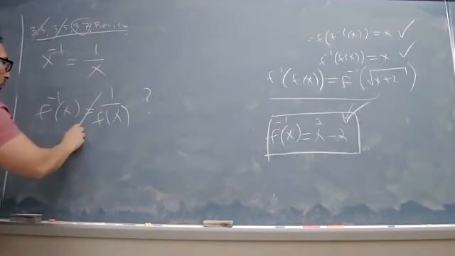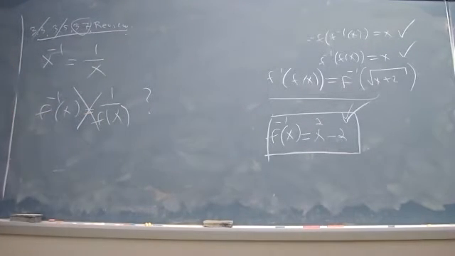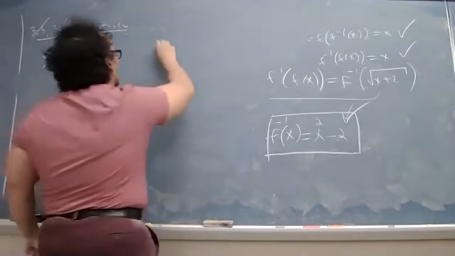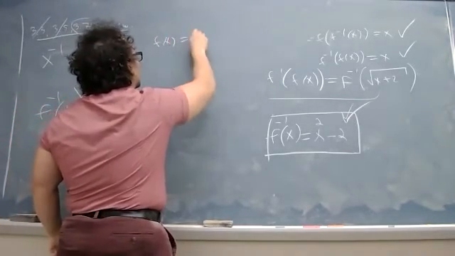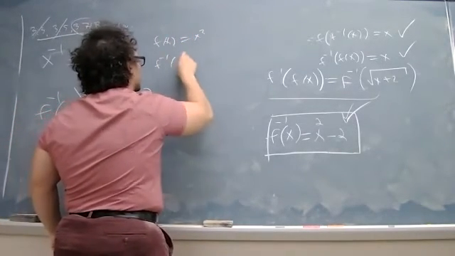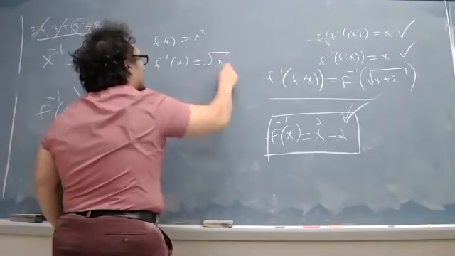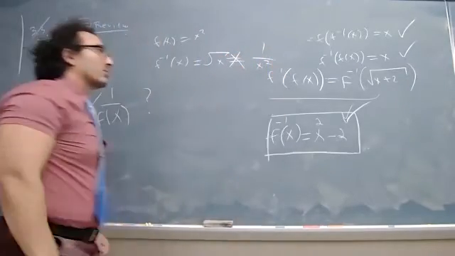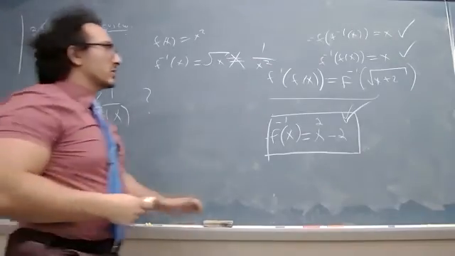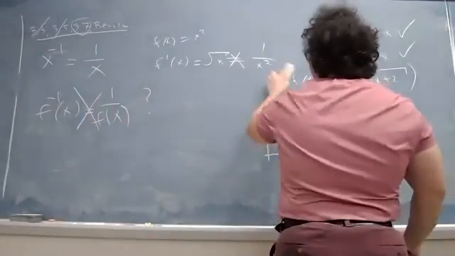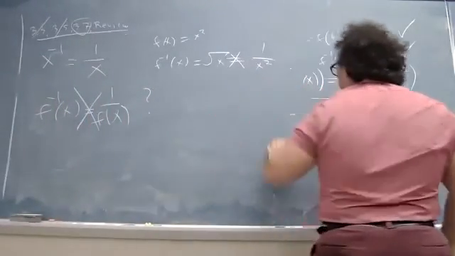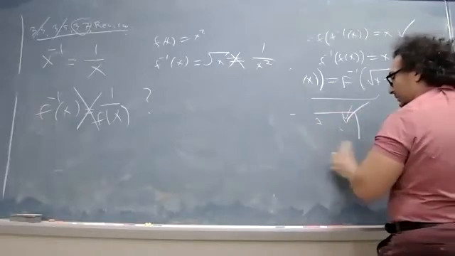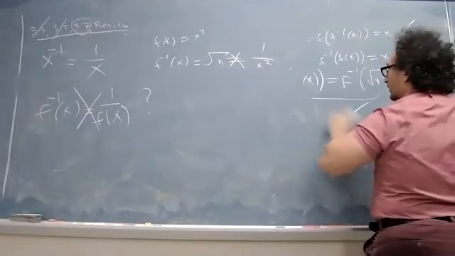The answer is no. That is not true. Recall, for f of x equal to x squared, we have the inverse function, square root of x. Notice that this does not equal 1 over x squared. So don't assume that the negative 1 in the exponent implies a negative exponent. That's just notation for inverse function.